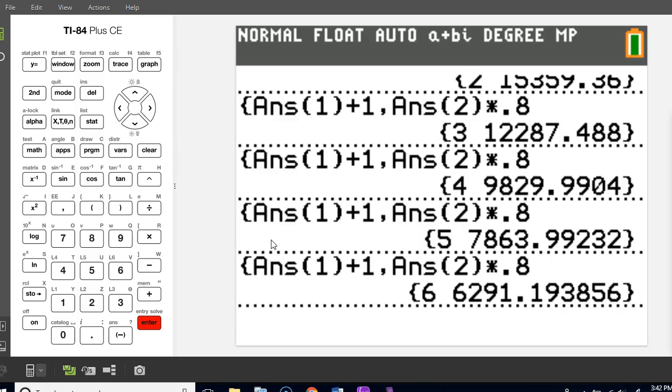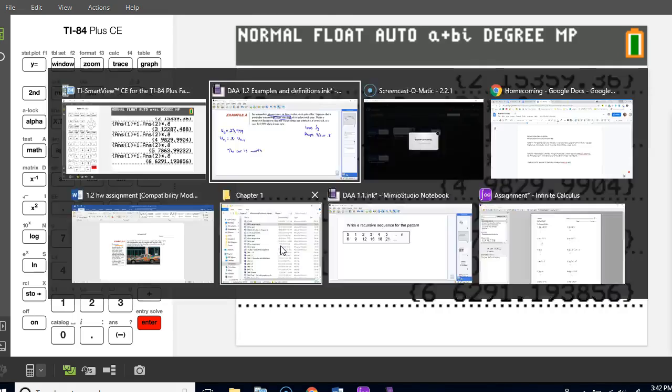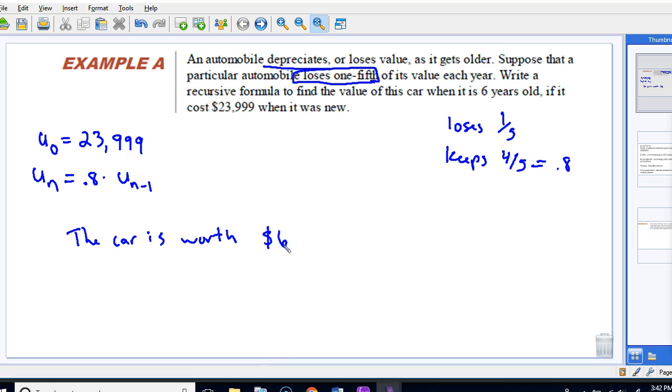We could say the car is worth $6,291.19 after 6 years.